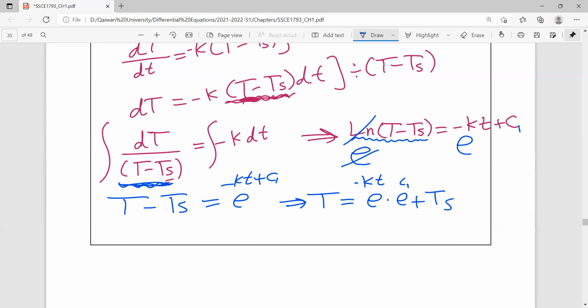Then e to the power a times e to the power b equals e to the power a plus b. That means if we have e to the power a plus b, we can say it equals e to the power a times e to the power b. Here e to the power minus kt plus c1 equals e to the power minus kt times e to the power c1.